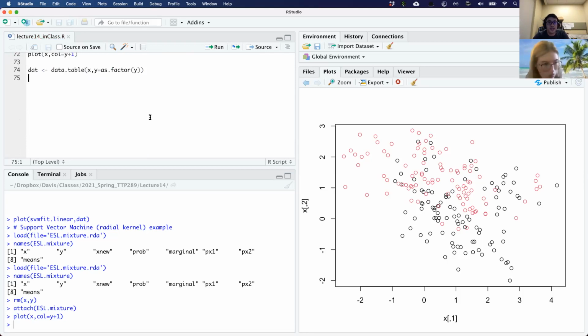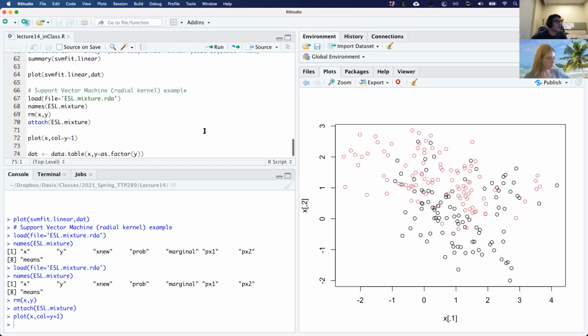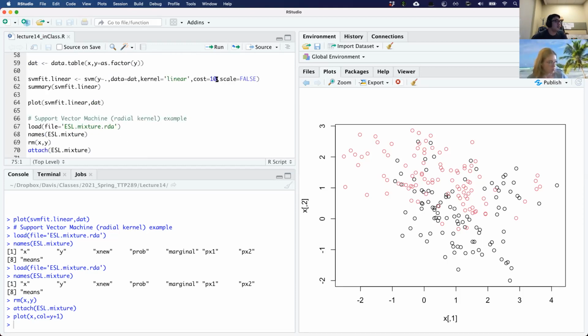I should also mention that the C in the equations, as I was saying before, which is the tuning parameter that allows you to have some slack in the system for number of errors, is related to the cost that you specify in the SVM function, but it is not necessarily the direct number.